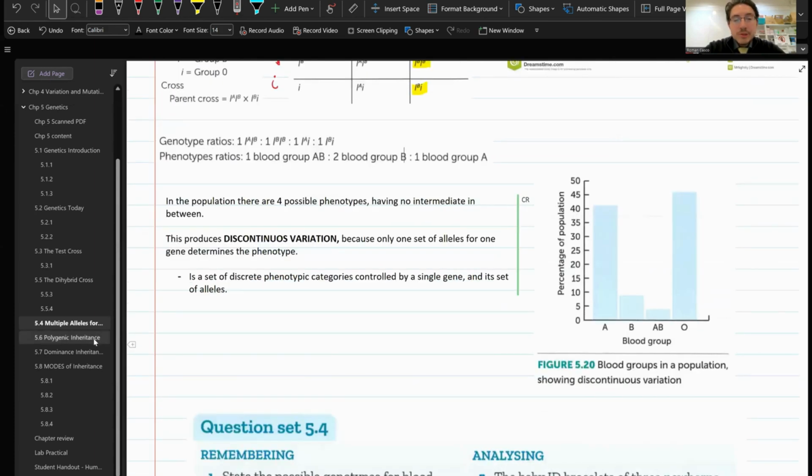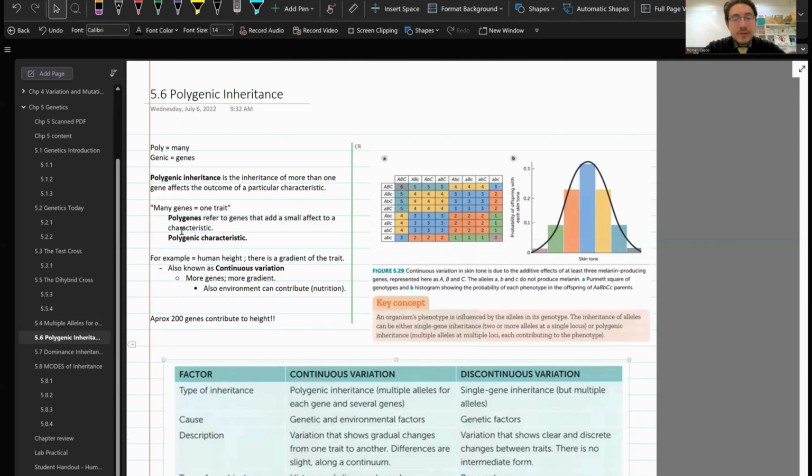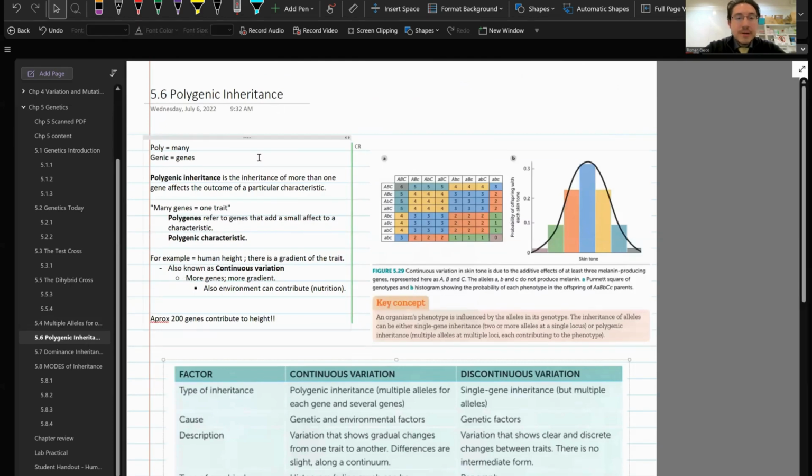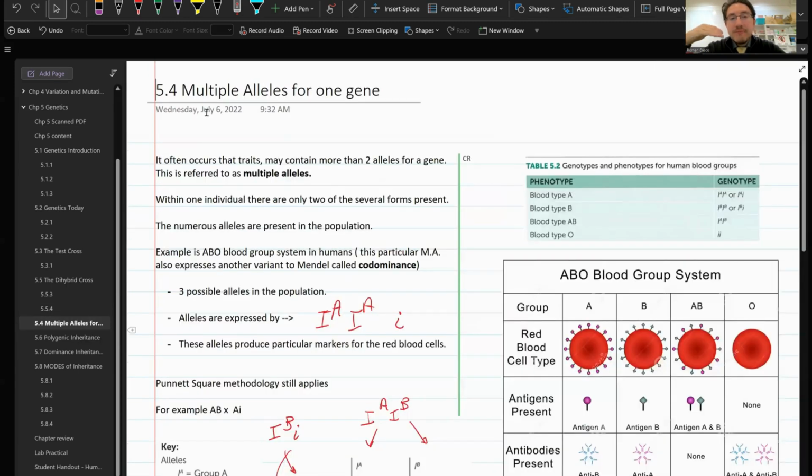We're going to get into another characteristic of inheritance, which is polygenic inheritance, where you have many different genes for a particular trait. Here you have multiple alleles for one gene, multiple forms of one particular gene.